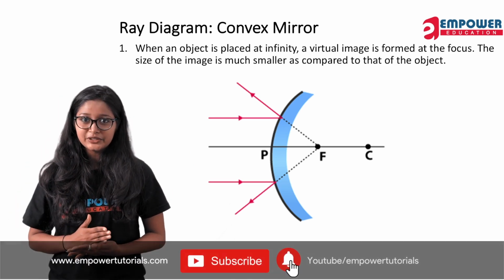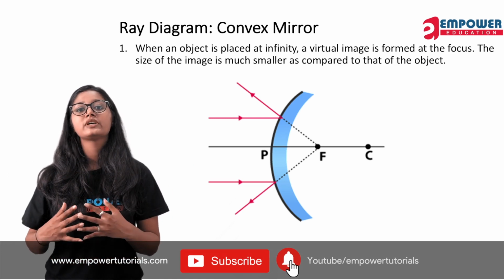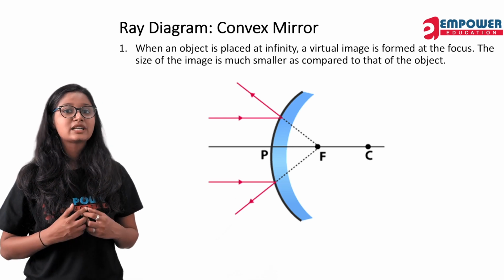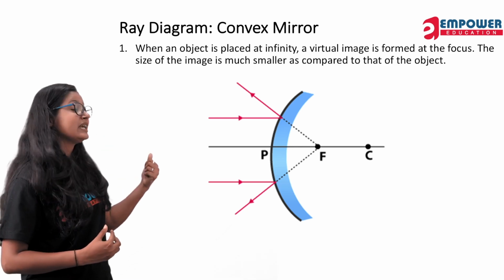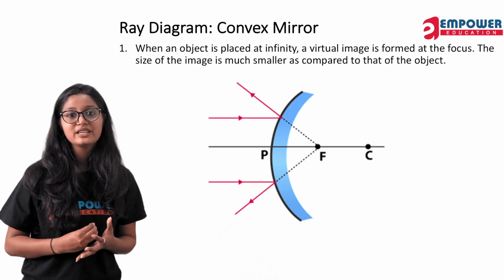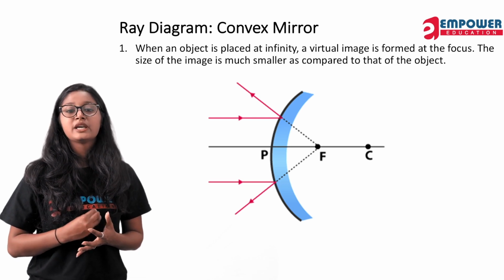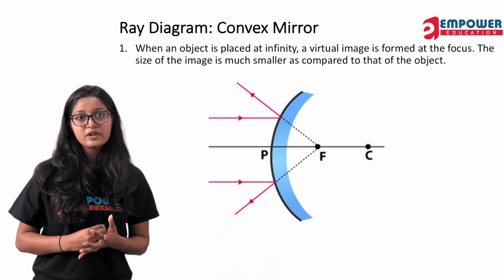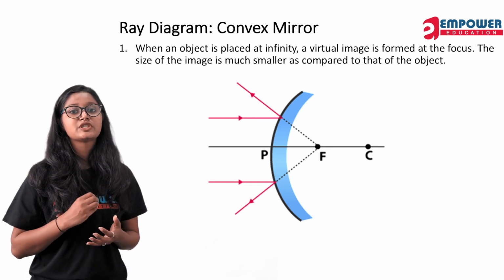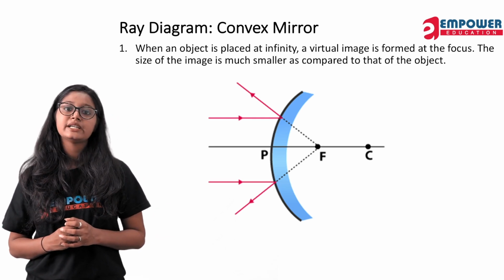So you can see here that the image that is formed is behind the convex mirror. And if you look at the size of the image that is formed, you see the image is very small as compared to the size of the object. So you see, a convex mirror forms a virtual image and an image which is very small in size when an object is placed at infinity.